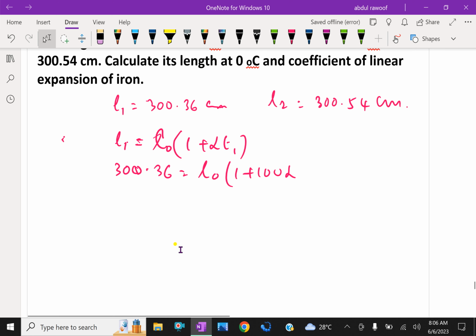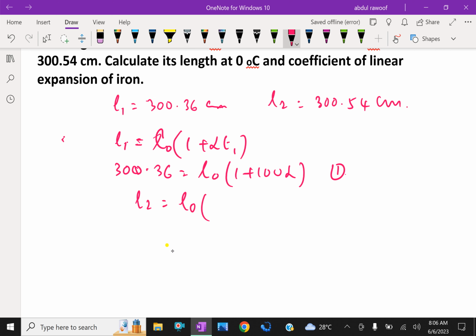Now let it be equation 1. Like that, L2 equals L0 into 1 plus alpha T2.